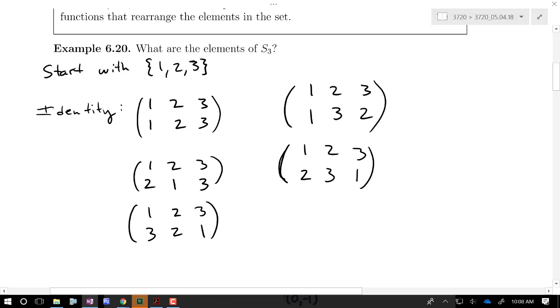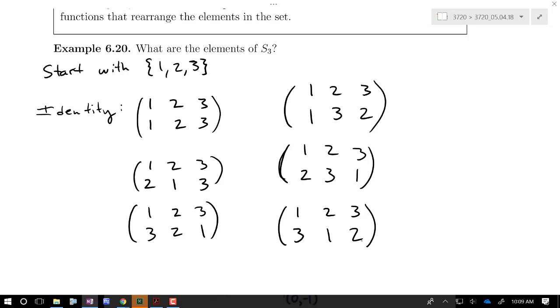That's kind of a very orderly way to go about it. You can go in the other direction. So 3, 1, 2. Yep, 1 is sent to 3, 2 is sent to 1, and 3 is sent to 2.